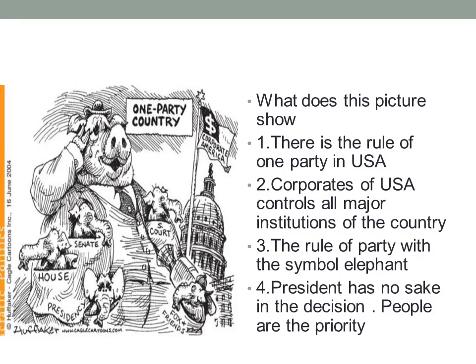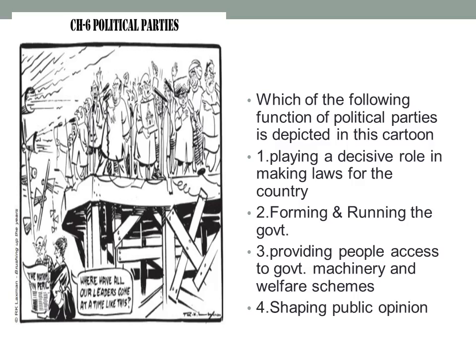Then you have the houses, then you have the presidency. It means all major institutions are in the pocket of that pig that represents the corporates of USA. So the second option is perfectly correct over here, that the corporates of USA control all major institutions of the country.